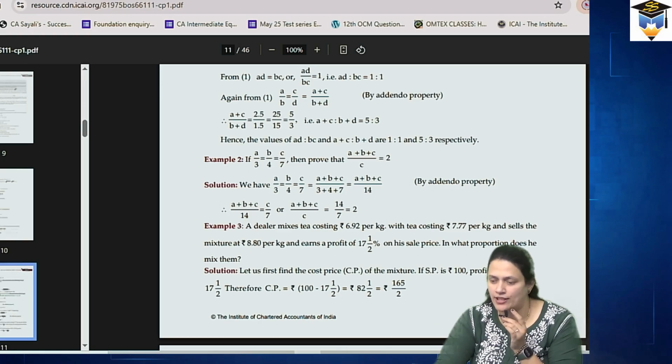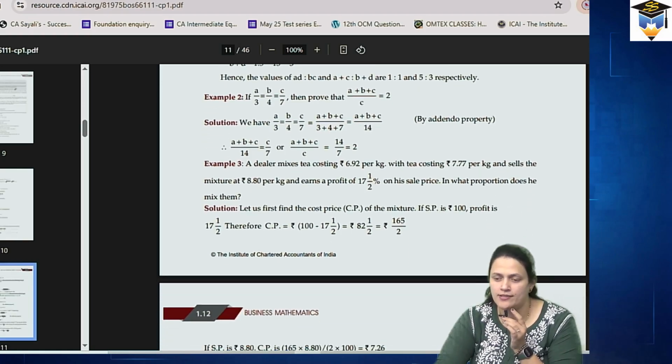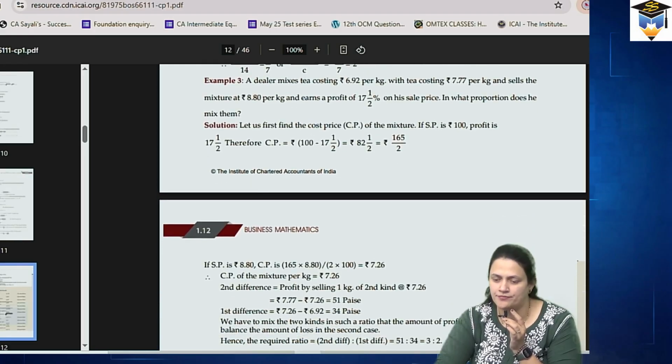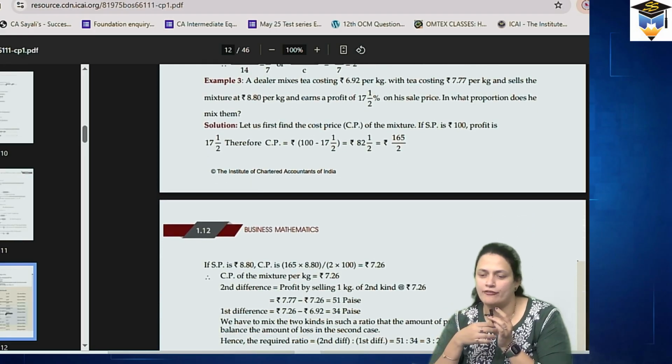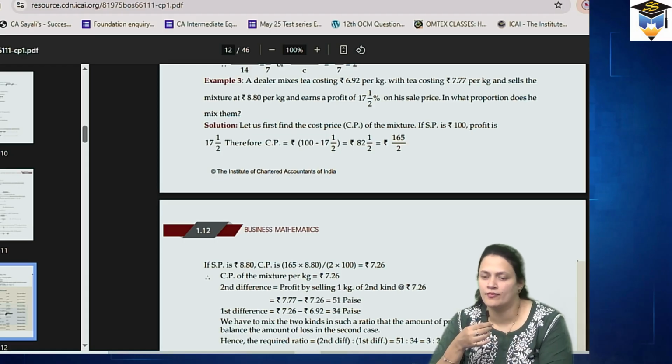Okay, so now let us move to example number 3. Please somebody read example number 3 and tell me what they have done over here. You have to understand the word problem very well.